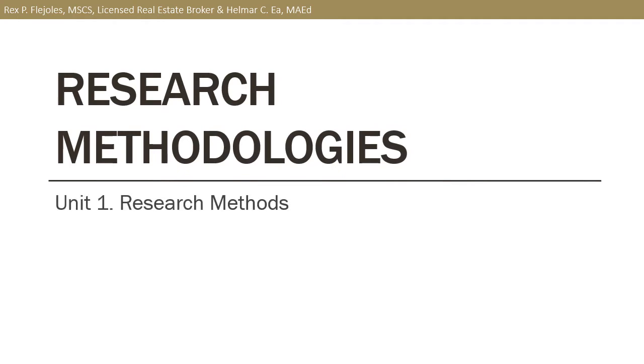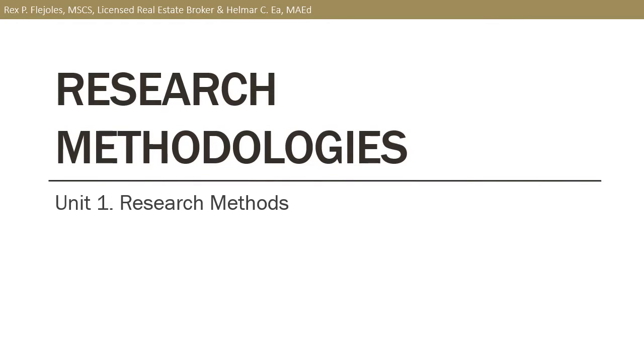There are several terms being used interchangeably with this term research methodology. These include research design, type of research, and research method, but each of them has differences when used by some other authors. Research design may refer to a specific category of a certain group of research methodology.